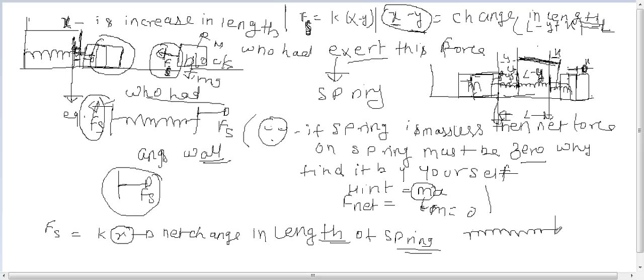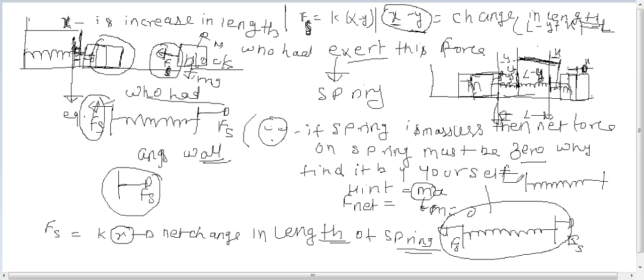If the length of the spring is decreased, then the force on the spring by the other block will be in this manner. So we have to check whether the length of the spring is increasing or decreasing.